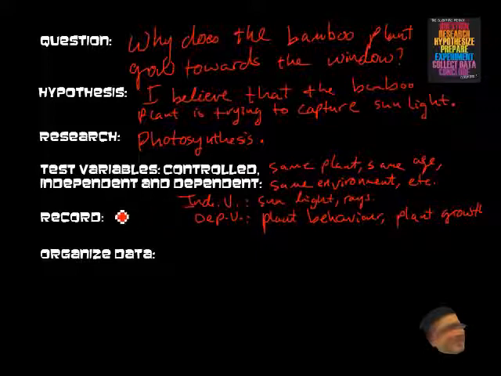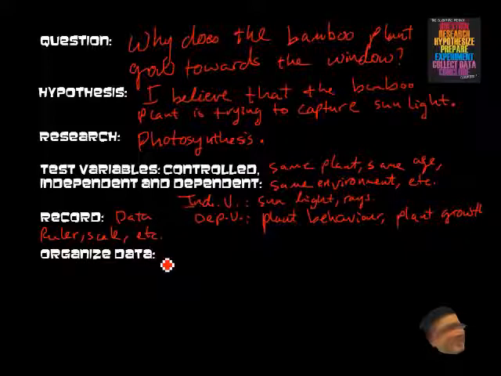Now, when it comes to recording data, you will need all kinds of instruments. You can use a ruler, you can use a scale, you can use a digital camera to film it over time and then go back with slow footage or quick frames as they do in BBC Planet Earth or Life. It's a pretty cool way to take a look at how the plant grows over time.